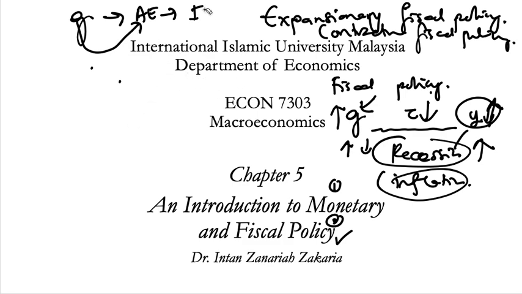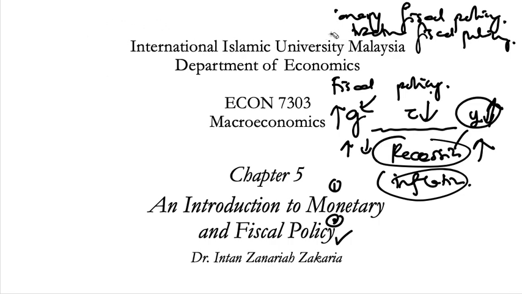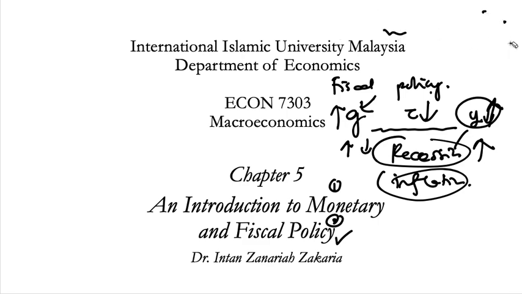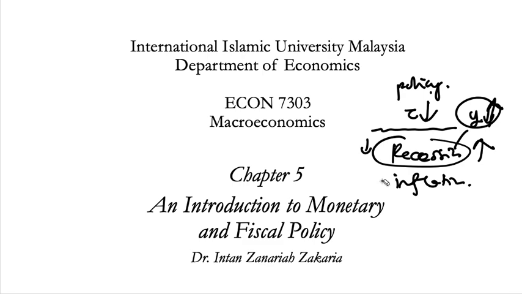Number two, okay, what happens if we have expansionary fiscal policy by increasing G? What happens to equilibrium output? What happens to equilibrium interest rate? If we have a decrease in T, expansionary fiscal policy, also what happens to equilibrium output? What happens to equilibrium interest rate?